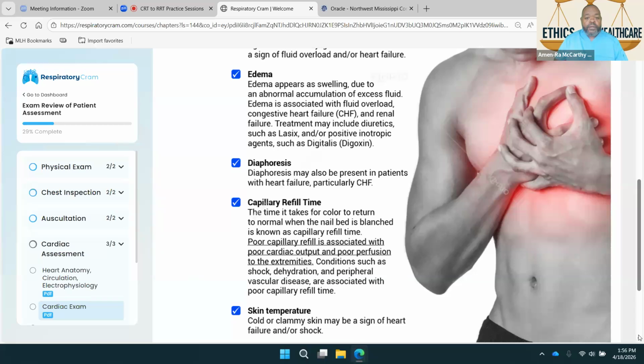Other treatment for edema, of course, we talked about, which is diuretics like Lasix and or positive inotropic agents like digoxin. Digoxin is a positive inotropic agent, which causes the stroke to be harder, right?